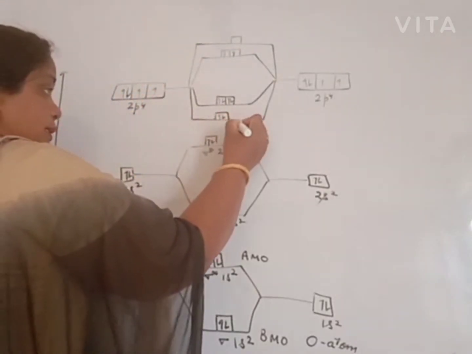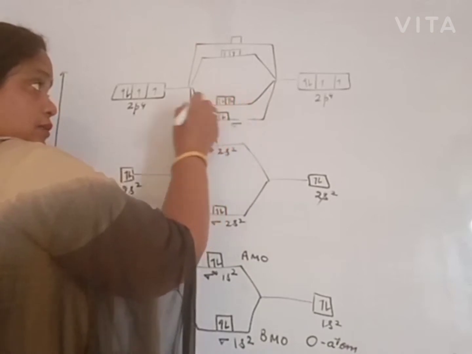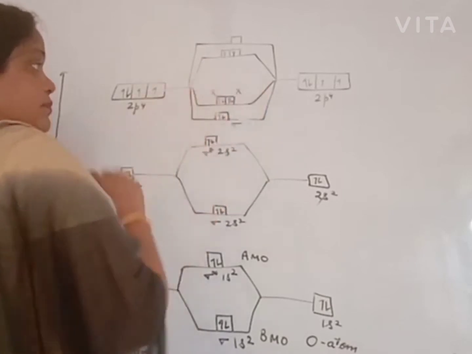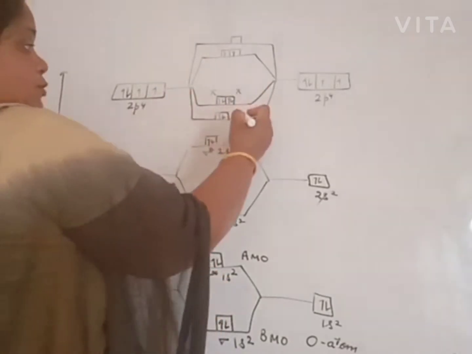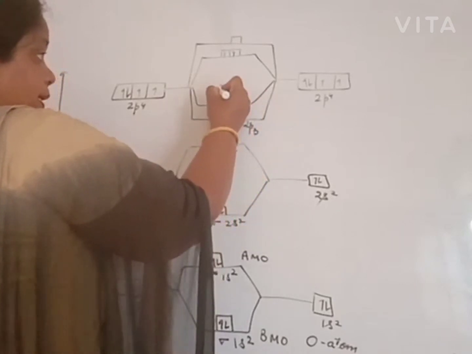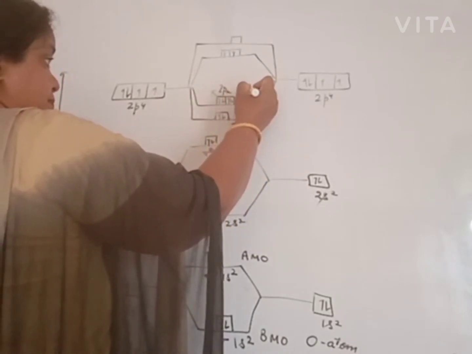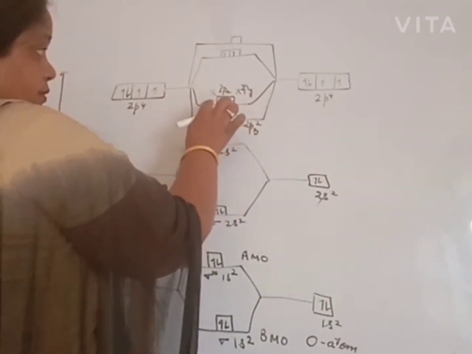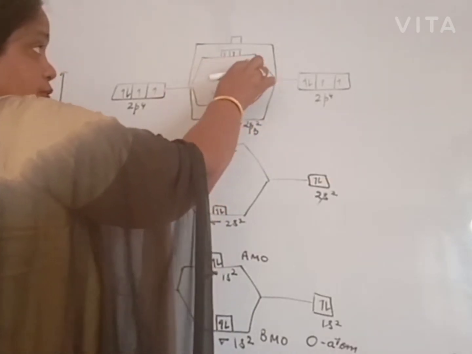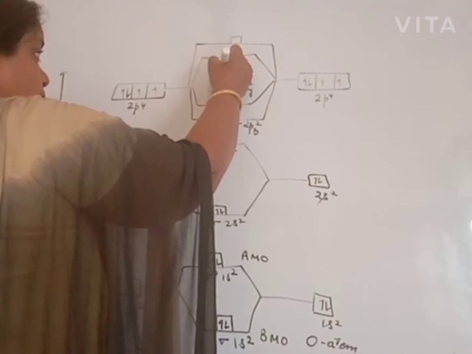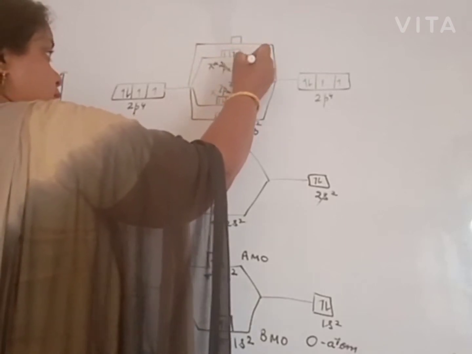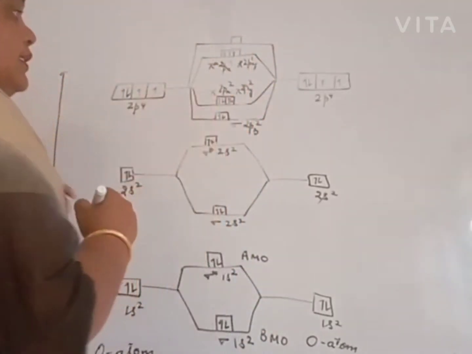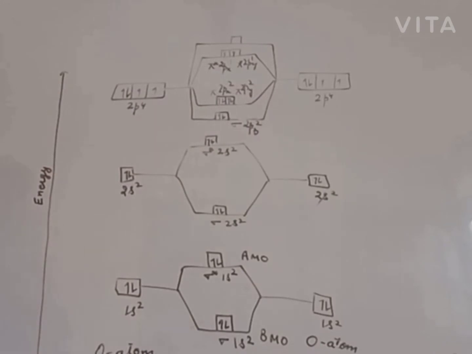The individual orbital is sigma and the two orbitals on the same level are pi. The sigma orbital is formed by 2pz, and pi by 2px and 2py. Pi star 2px and pi star 2py are on the same level, and each orbital consists of 1 electron. This is the energy level diagram for oxygen.